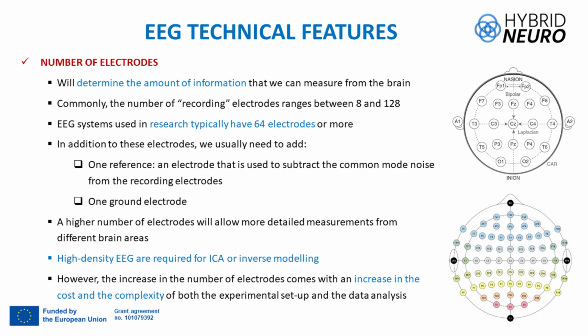So we can use, for example, the CZ for the reference electrode, so all potentials are referenced to this activity. In other cases, the reference is the common average.